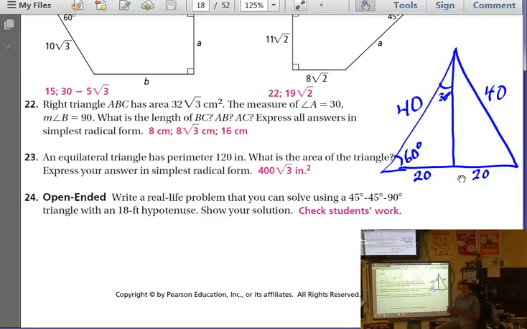So if this were on the test, here's how you would think through it. You have an equilateral triangle. You know all of your angles are 60. If I drop a vertical, I know I've made a right triangle. By dropping the vertical, it has to be an angle bisector, because if it's a side bisector, it's an angle bisector. Which means that this angle now has to be 30. We've now created a 30, 60, 90 triangle.